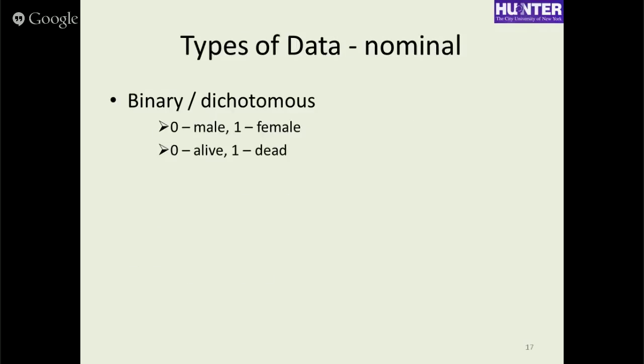So binary dichotomous, that just means that there are 2 possible levels: male, female, alive, dead, just things where your questionnaire or something about it means that you're only allowing for 2 levels. Now, notice I put a 0 and a 1 here.